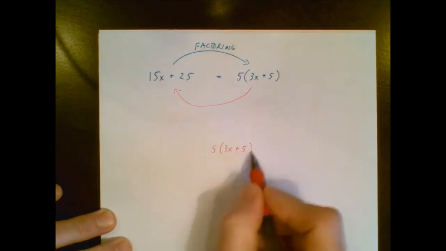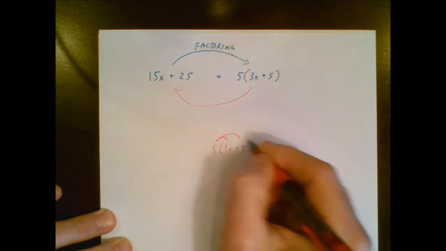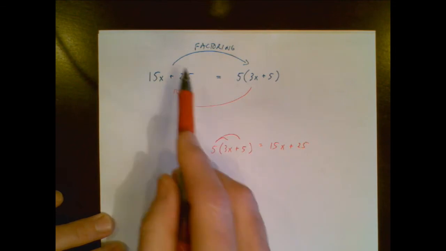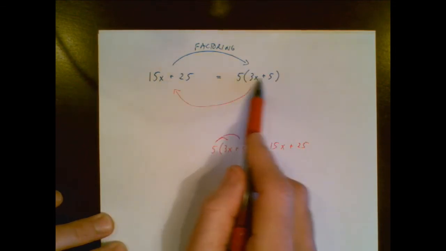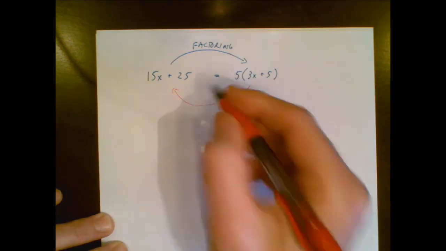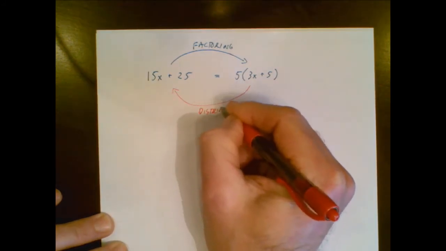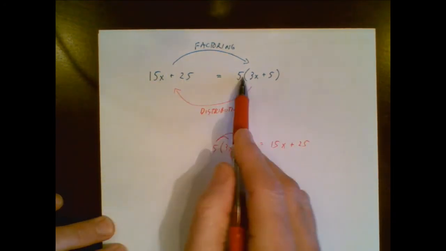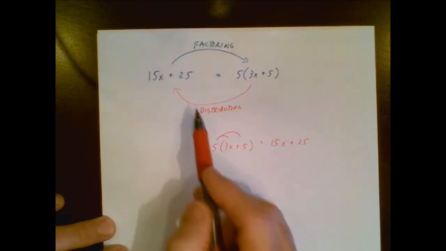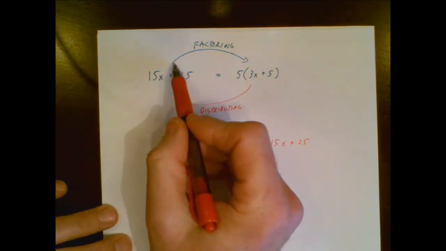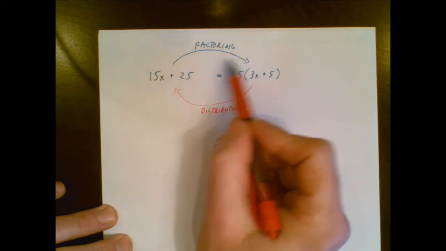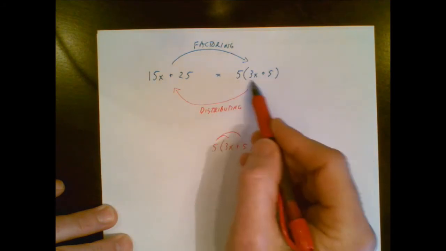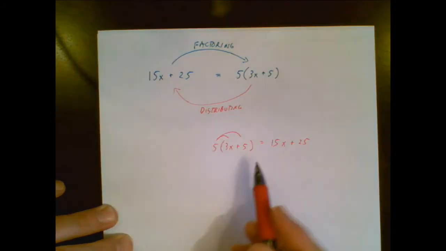If I take this as an original problem and do my distribution, I get 15x plus 25. Notice how if I go one way, I'm factoring. If I go the other way, I'm distributing. We're just learning how to work with binomials in factored form, going one direction or the other. It just so happens today we're focusing on factoring, making this problem look like that, and earlier you would work on distributing or multiplying, making this problem look like that.